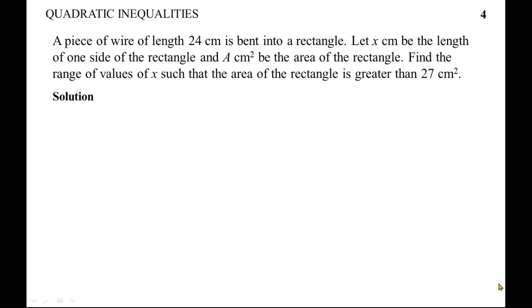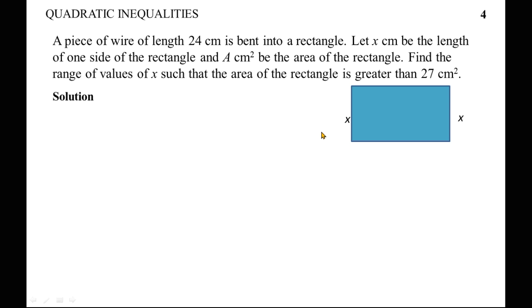Firstly, let's figure out what happens to the rectangle. The piece of wire will be bent into a rectangle like this, and according to the question, x will be the length of one side of the rectangle. So let's say this one is x, so the parallel side of the rectangle will also be x, so we have 2x here.